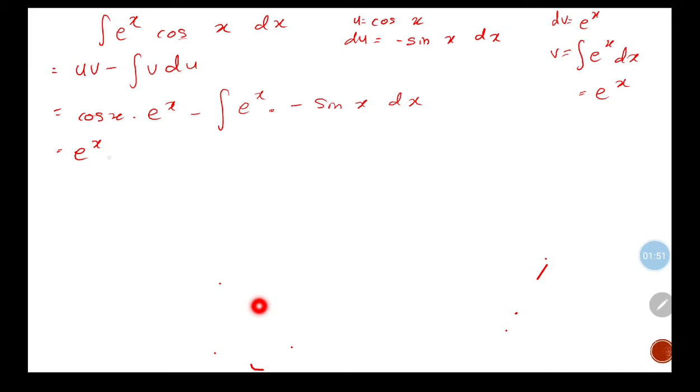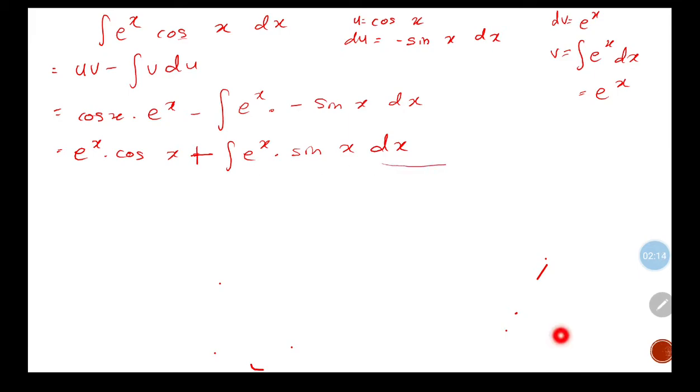So I'm going to rewrite it like this so it will look nicer. So this is plus the integral of e^x sin x dx. Will this ever end? Do you think we have to do another integration by parts at this stage? Yes, we do. We have to do it again for e^x sin x.